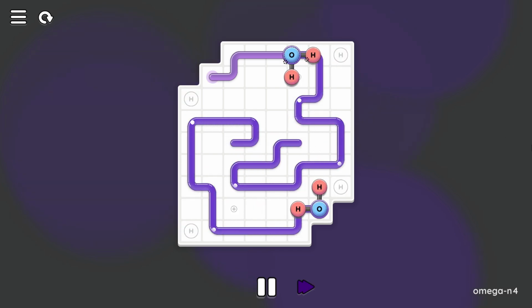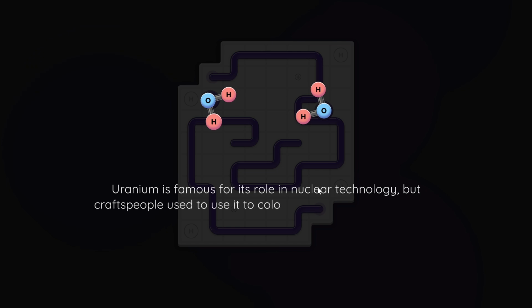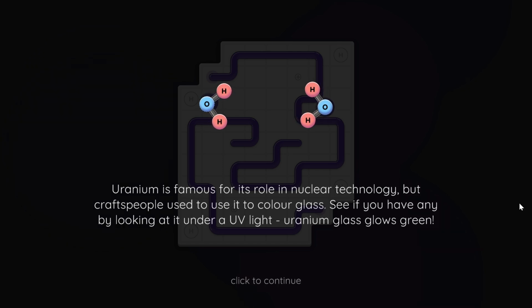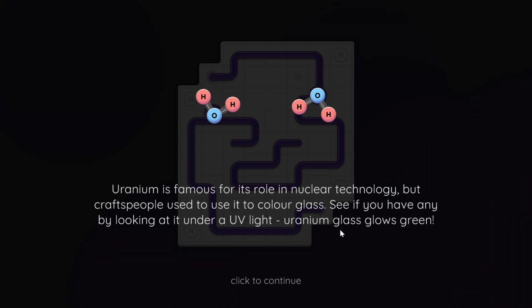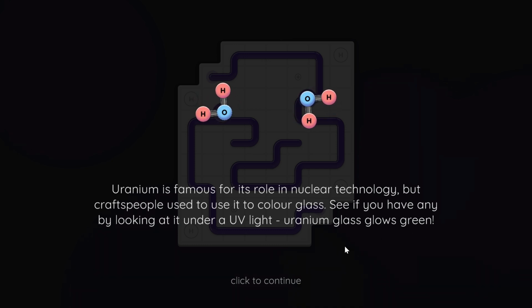Yeah, okay. Cool. Uranium is famous for its role in nuclear technology, but craftspeople have used it to color glass. So you can see if you have any by looking under a UV light. Uranium glass glows green. Well, say that five times fast.